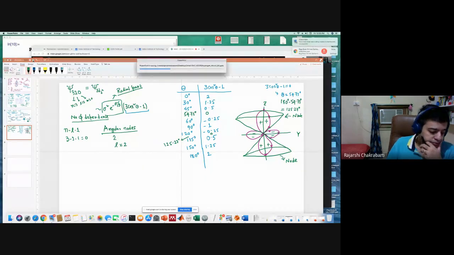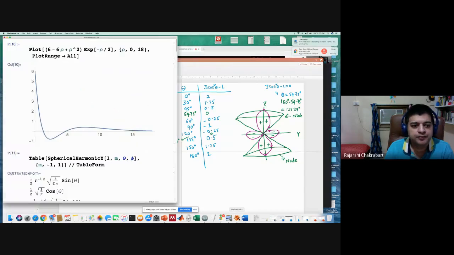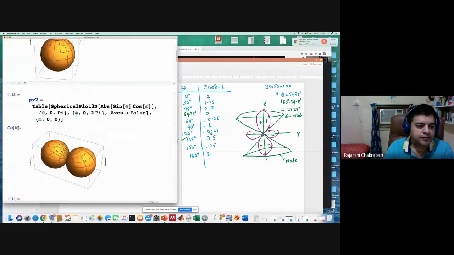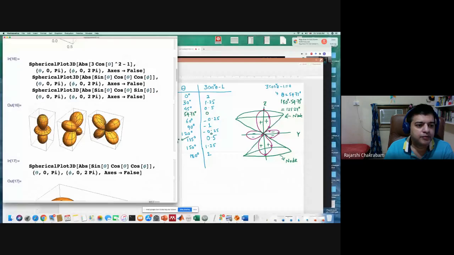Now I'll show you something on Mathematica or somewhere I can show. Now I can make an angular plot of this 3 cos square theta minus 1. This is exactly how it looks like, isn't it?